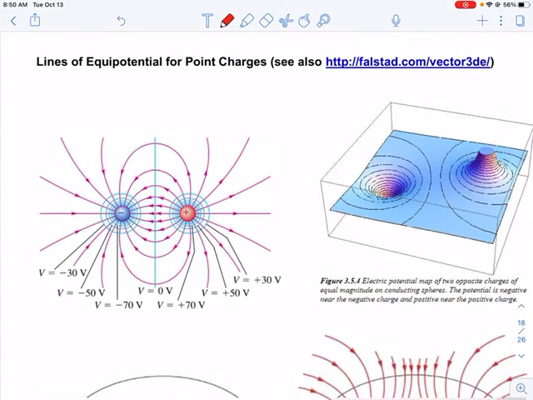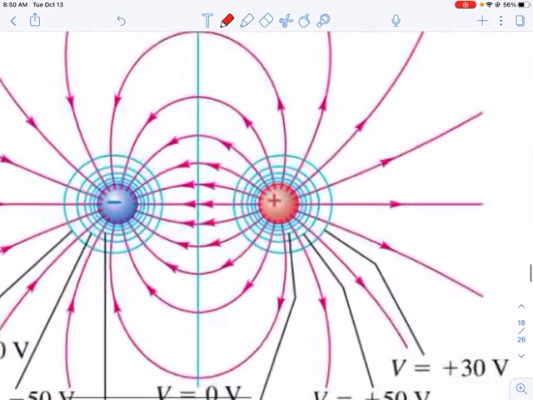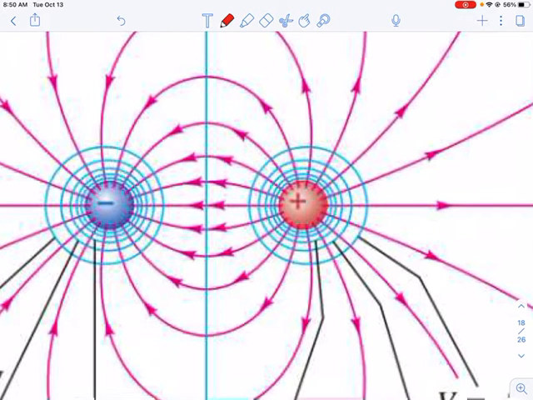So with point charges, I can do the same thing. I can make sort of a topographic map. I want you to consider a situation where we have a positive point charge and a negative point charge. Here, the lines of equipotential are drawn. I'll just go over one in red here. So that is a line of equipotential.